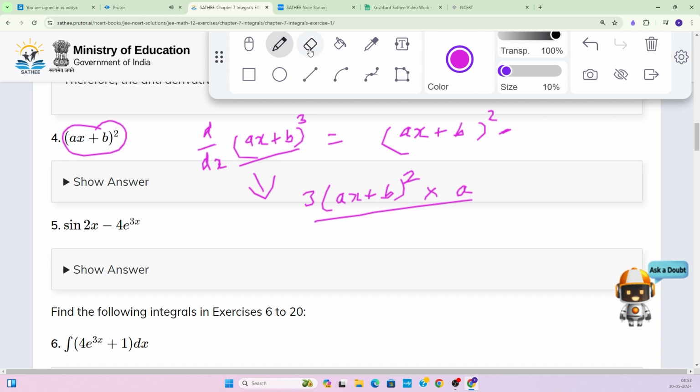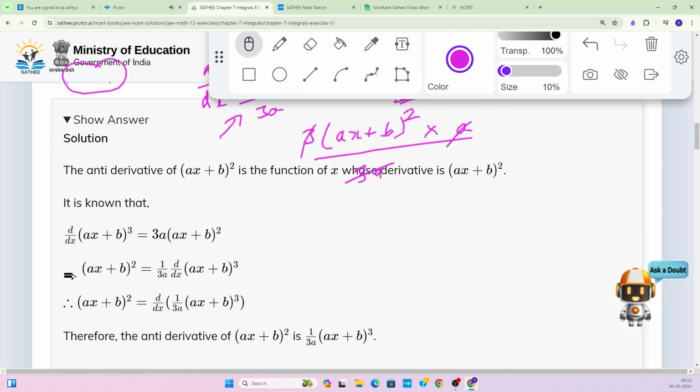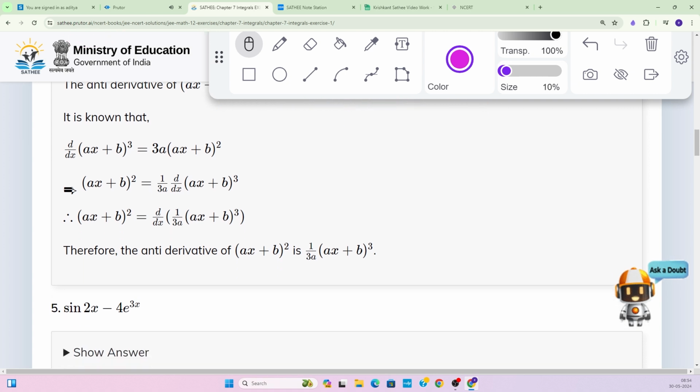If I manipulate at the beginning, dividing by a and 3, then 3a will be cancelled and you are only left with this term. So by inspection your answer will be (ax + b)^3 divided by 3a.